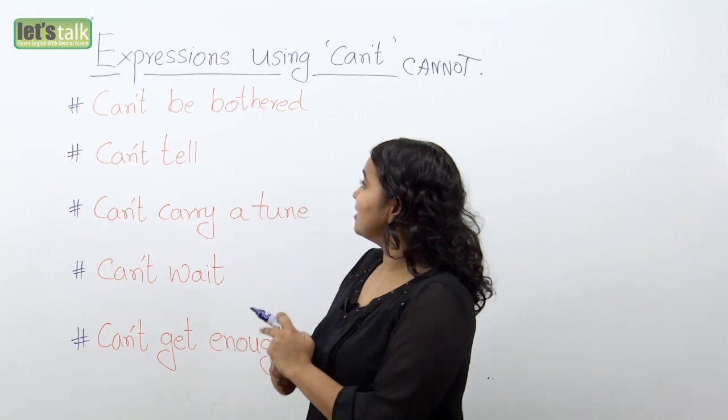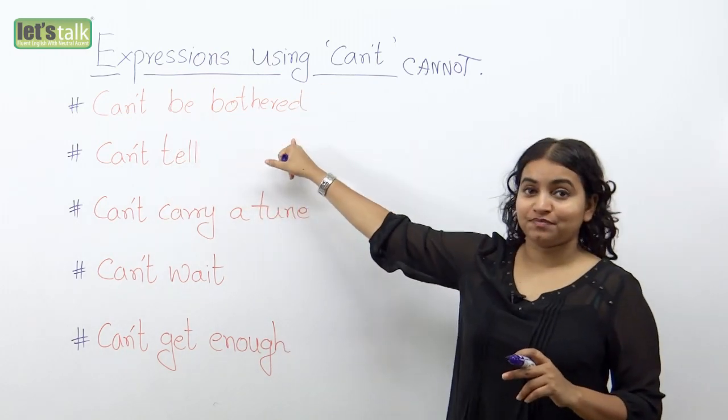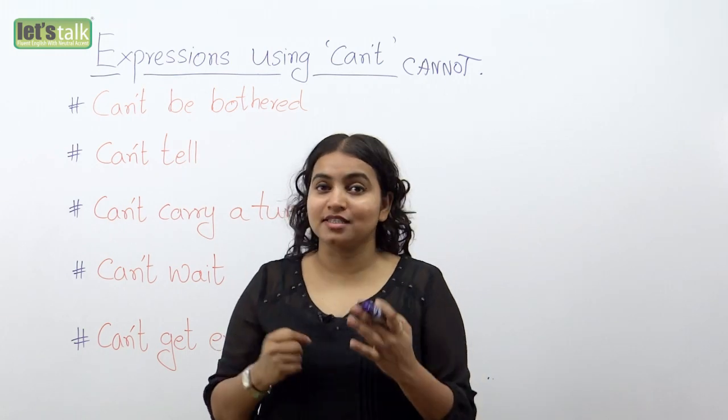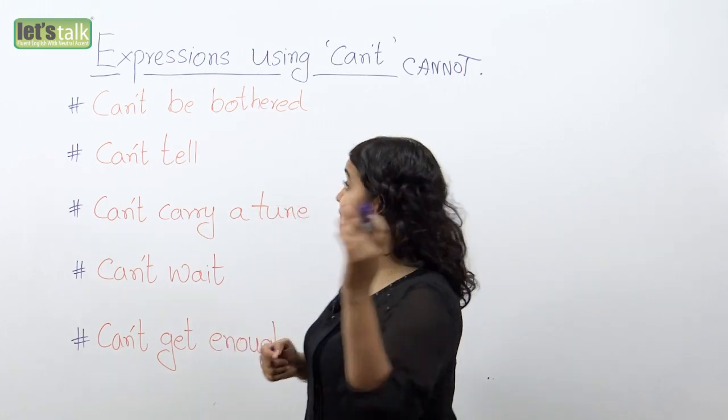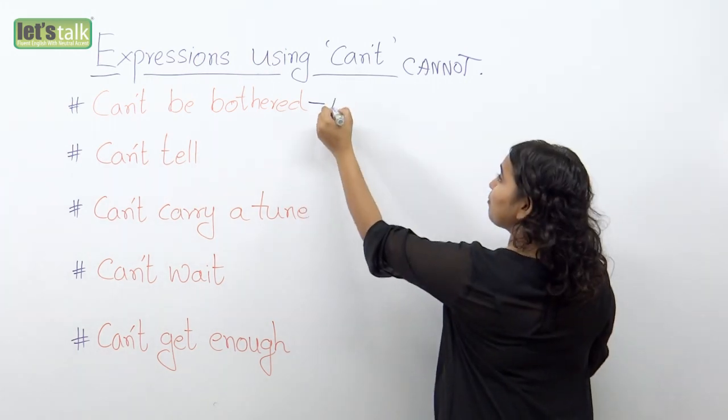The first one is, you can't be bothered. Okay, when I use the expression can't be bothered in a sentence, what does that mean? It means that something is not important.